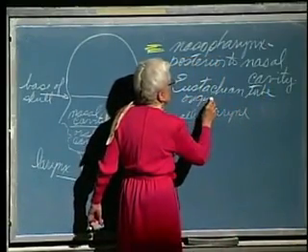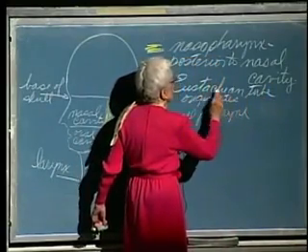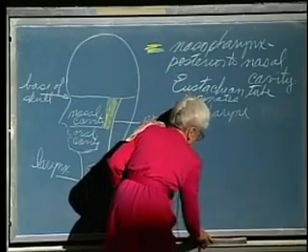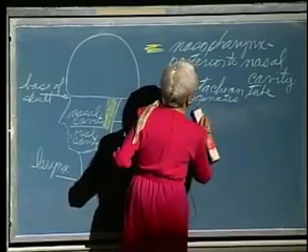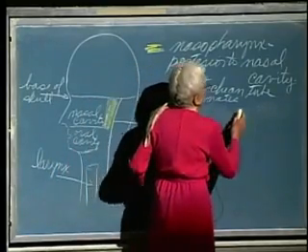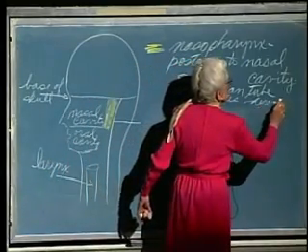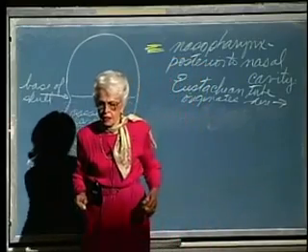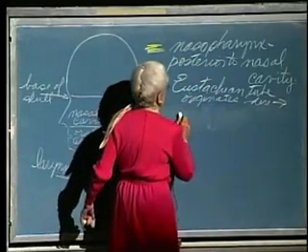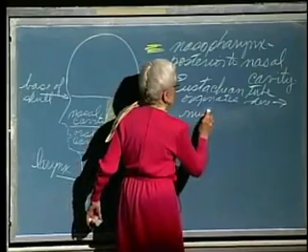Originates. And where's the eustachian tube going? To the middle ear, correct. Goes to middle ear.